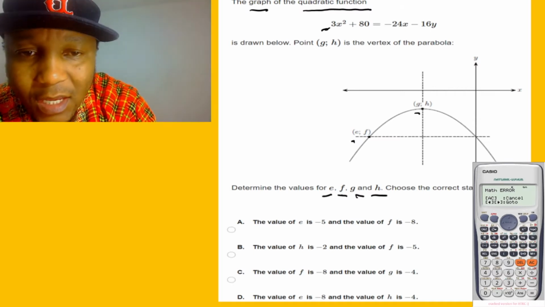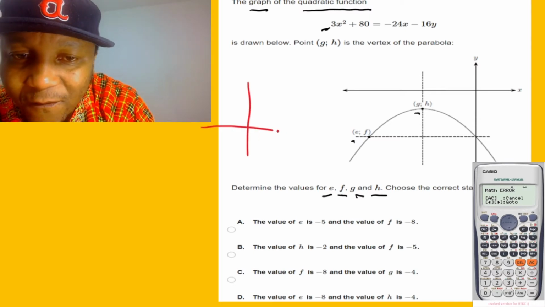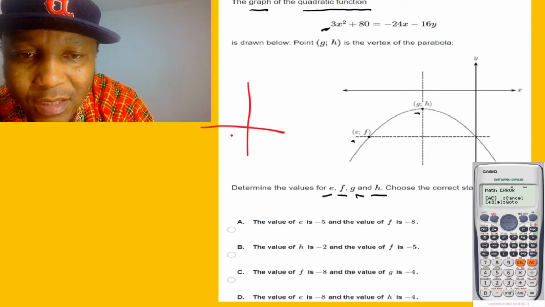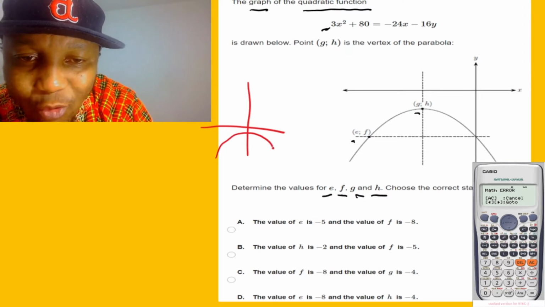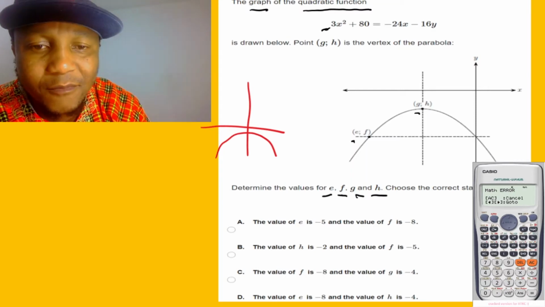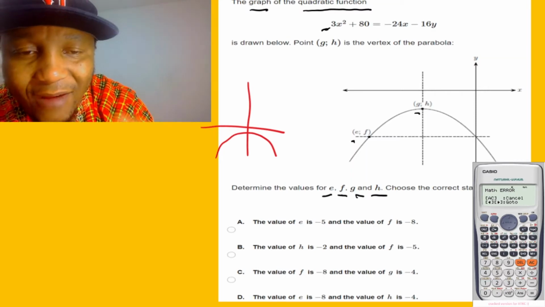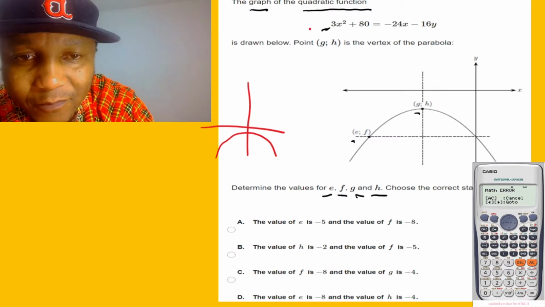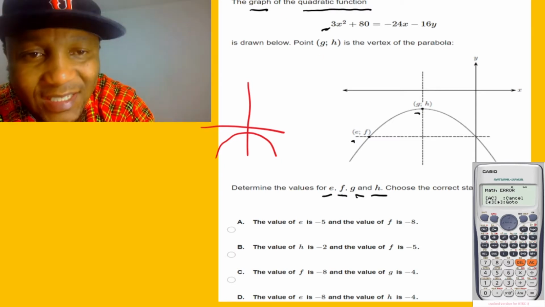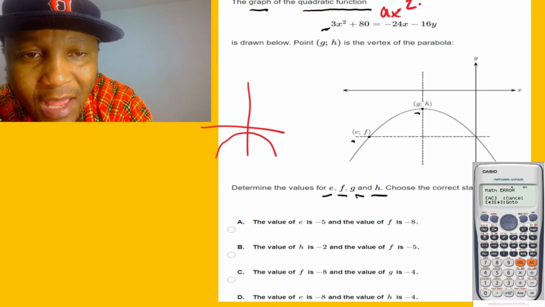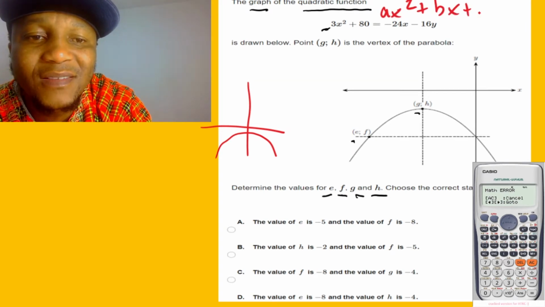Look, if you have a graph of a quadratic, if it is concave downwards, how do you know this quadratic is like this? Look, the standard equation of a quadratic is ax squared plus bx plus c equal to 0 or y.